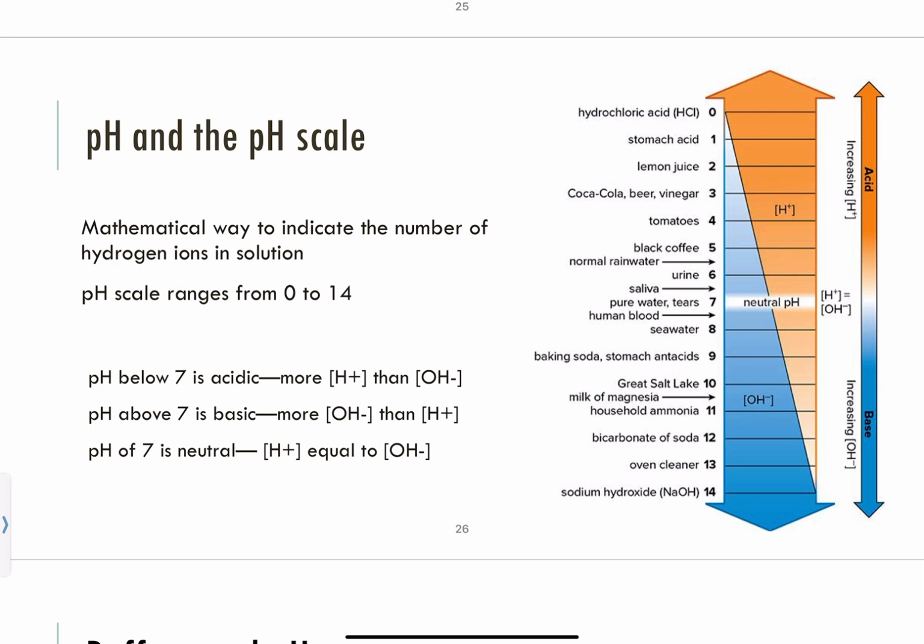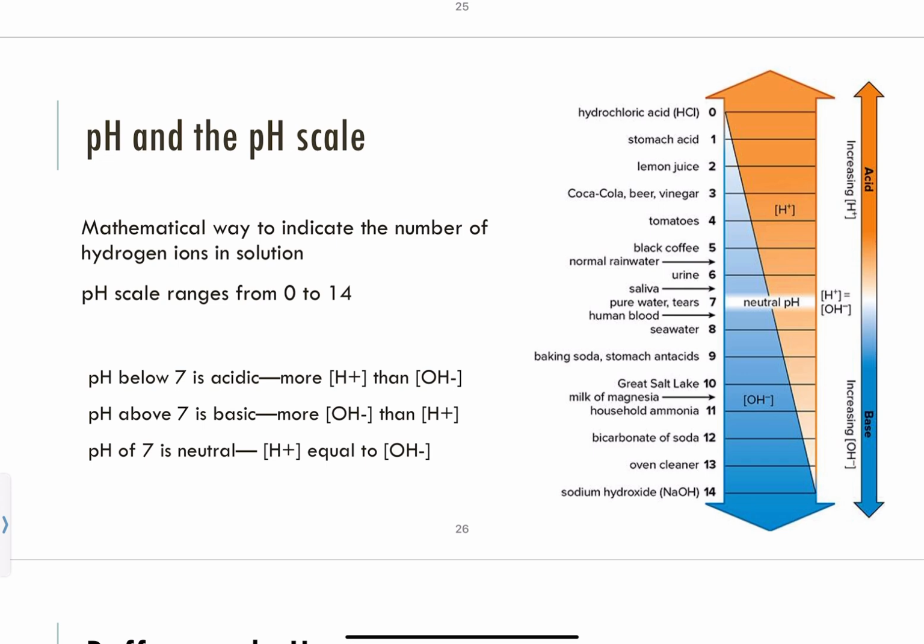So now we can move on to the pH scale. To quantify acidity and basicity, we use the pH scale, which ranges from 0 to 14. It is a logarithmic scale, meaning each whole number represents a tenfold difference in the hydrogen ion concentration.